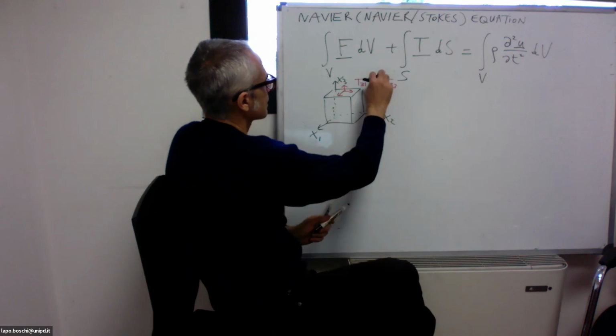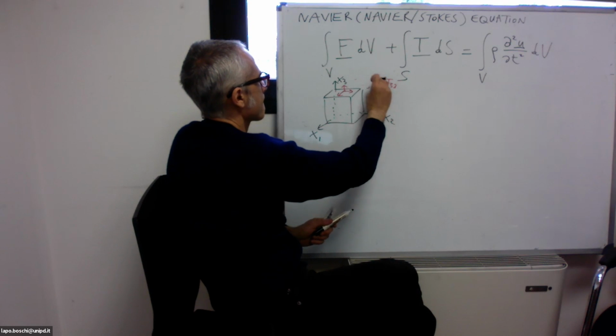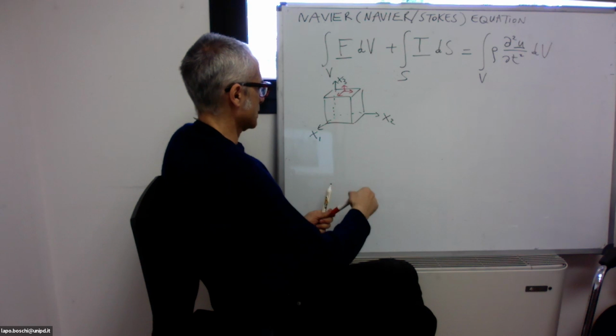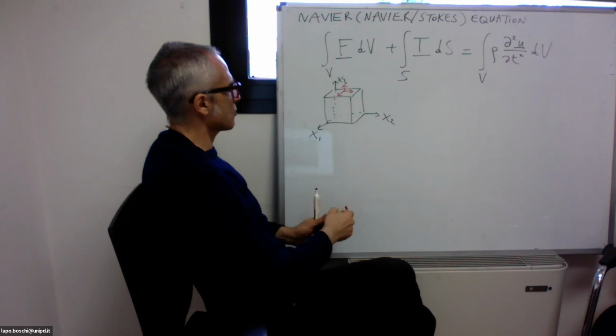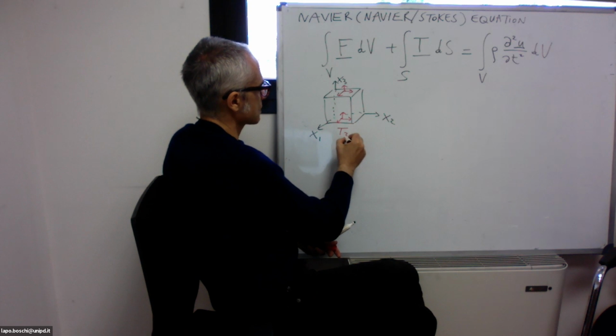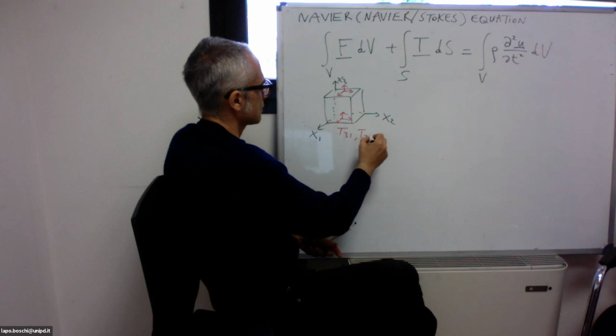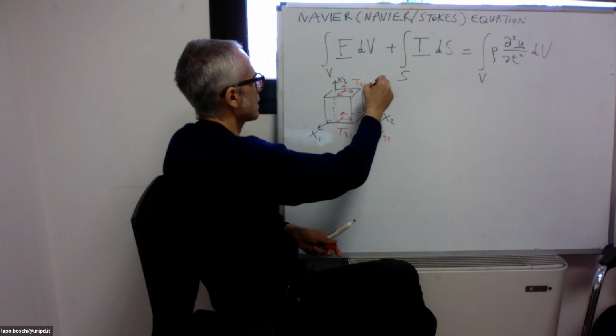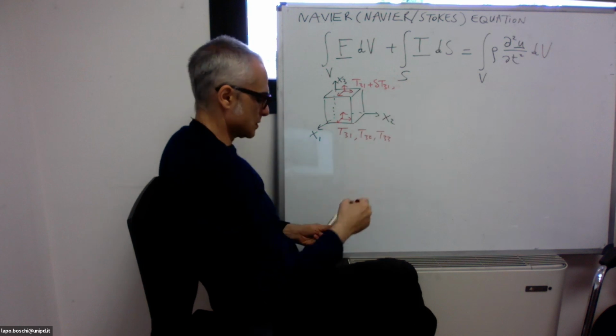Or even better, since x3 is growing in that direction, I will call the forces that act on this surface T31, T32, T33, and here I have T31 plus delta T31, and so on and so forth.